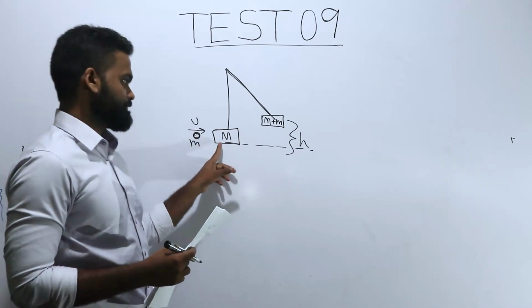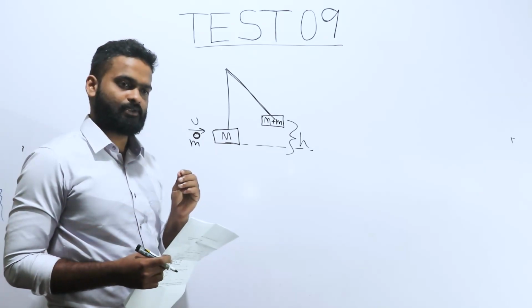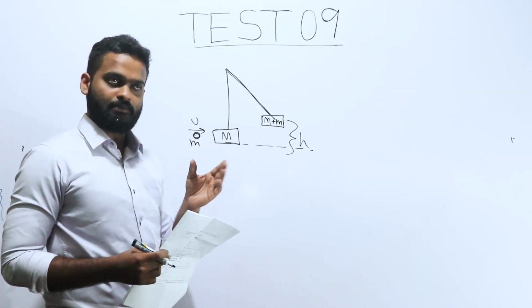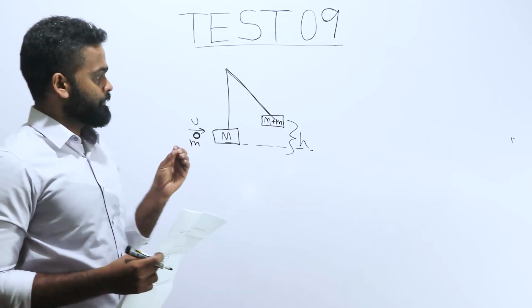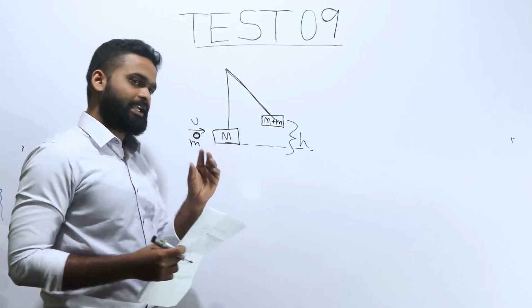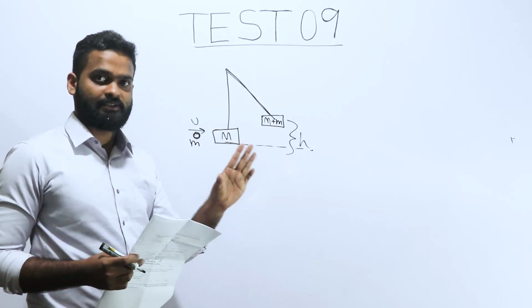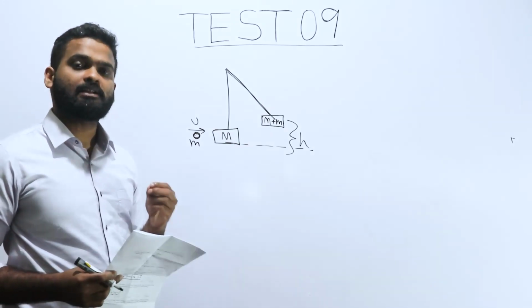So there is a collision at this point. Whenever there is a collision, there is an energy loss, mechanical energy loss in most cases. So for the collision, we cannot say that energy is conserved. But we can apply momentum conservation.